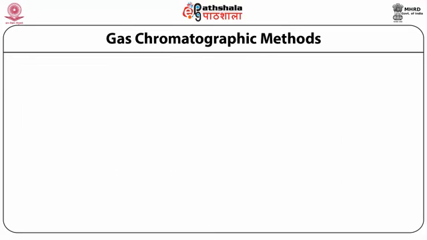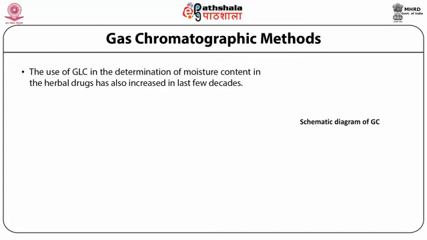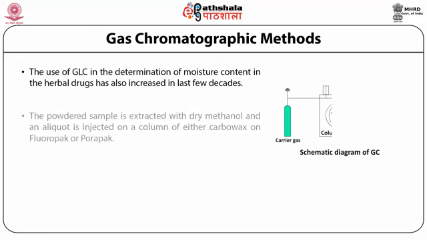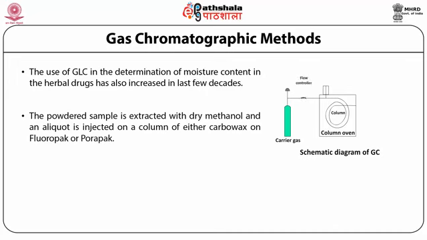The other important method that is used for the determination of moisture in crude drugs is the gas chromatography method. Here the sample which is to be analyzed for moisture content is extracted with dry methanol, and these aliquots are injected onto a column consisting of Chromosorb on fluoropak or Porapak.